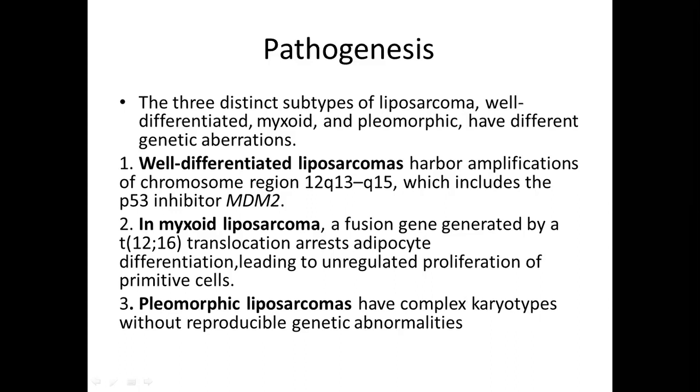So, in well-differentiated there is amplification of the MDM2 gene in the chromosomal region. In mixed liposarcoma, the 12;16 translocation arrests adipocyte differentiation, so there will be unregulated proliferation of primitive cells, and pleomorphic liposarcoma has a complex karyotype.